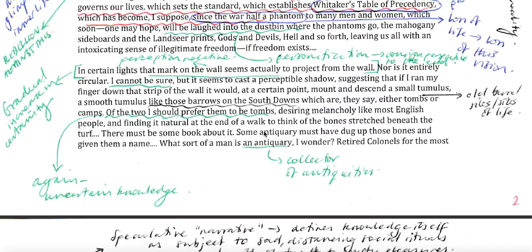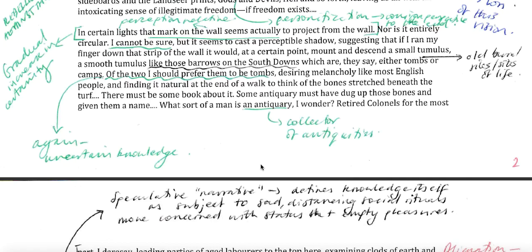Okay, guys, so we're looking at the very final section of Mark on the Wall, starting with this bottom paragraph on the second page. "In certain lights, that mark on the wall seems actually to project from the wall" is again an example of that relativistic representation of perception itself.